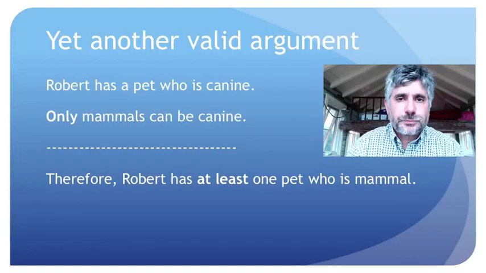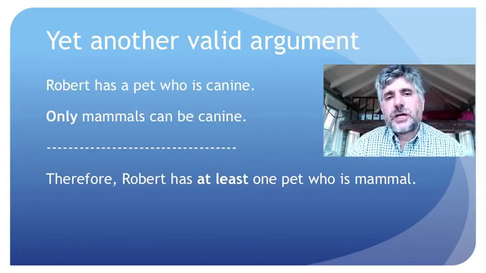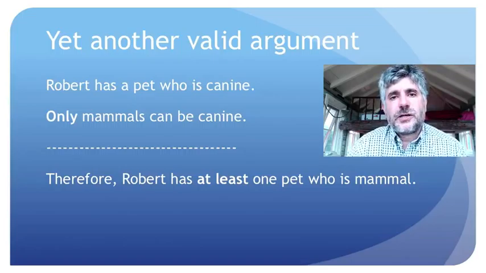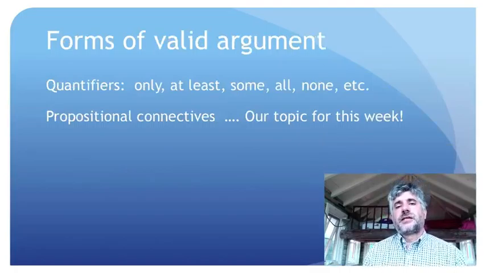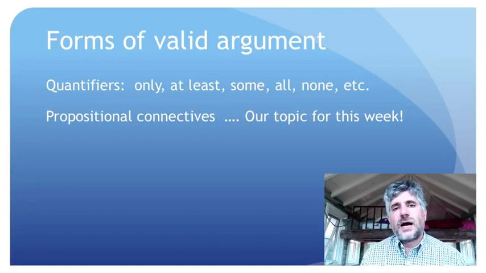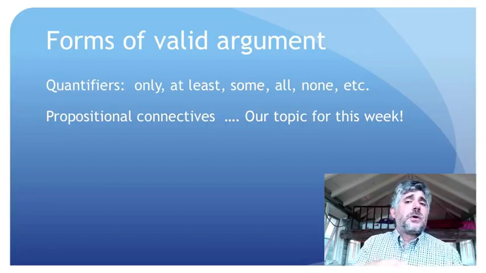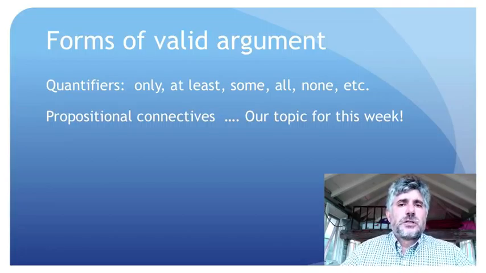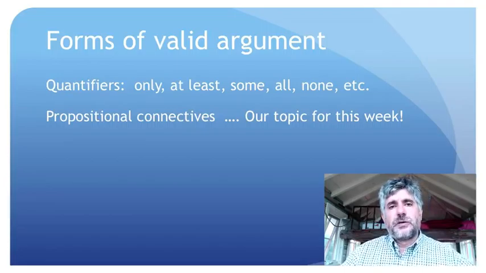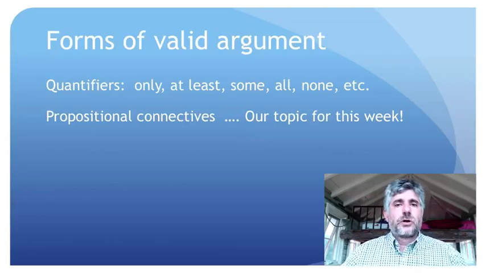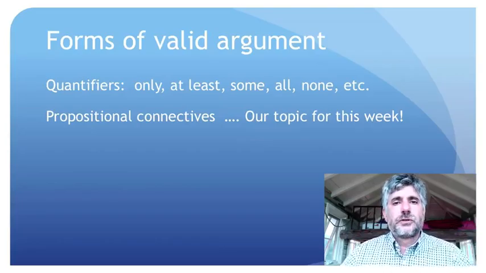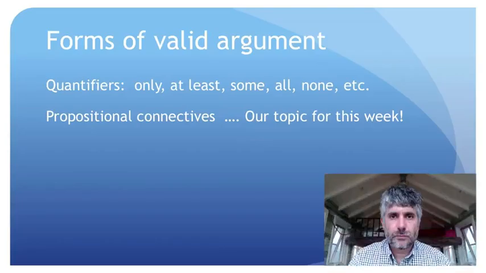So, what we'll be doing in the second unit of the course is studying the forms of valid argument, the forms that explain why valid arguments are valid. Now, in the arguments that we just looked at, the arguments about Mary, Terry, and Robert, their common form, I said, involved the use of the word only, and it also involved the use of the phrase at least.